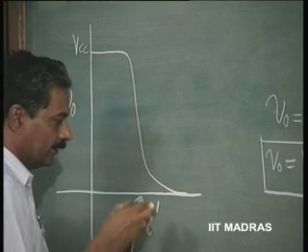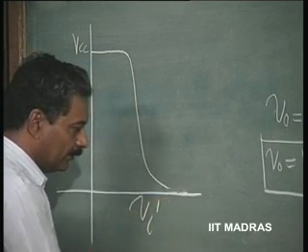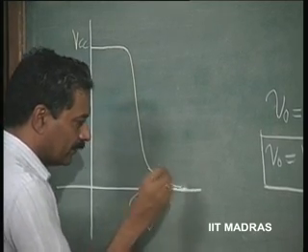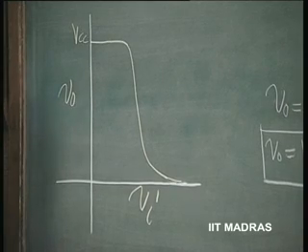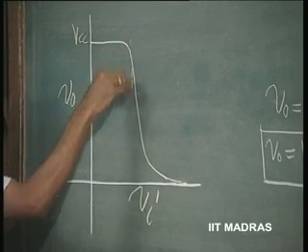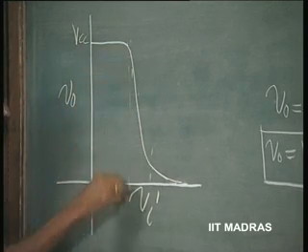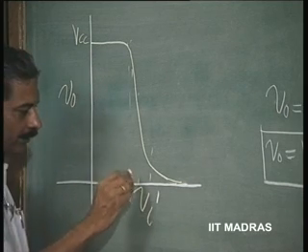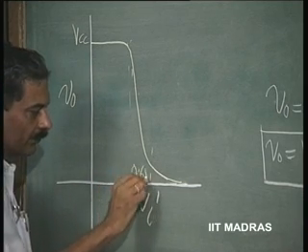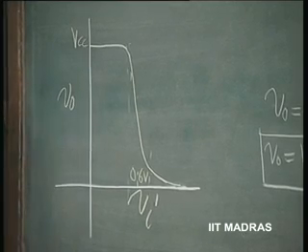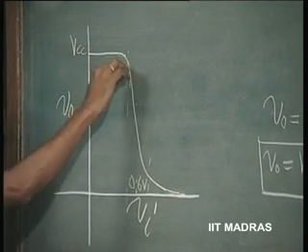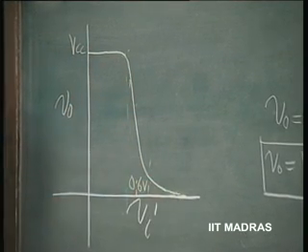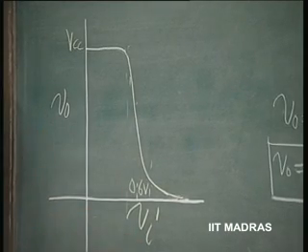In fact, it is not going to come to 0, it will slowly come to 0. This point is going to occur between about 0.5 to 0.6. Okay. So, this is let us say 0.6 volts. So, this is the nature of variation of output voltage with respect to input.